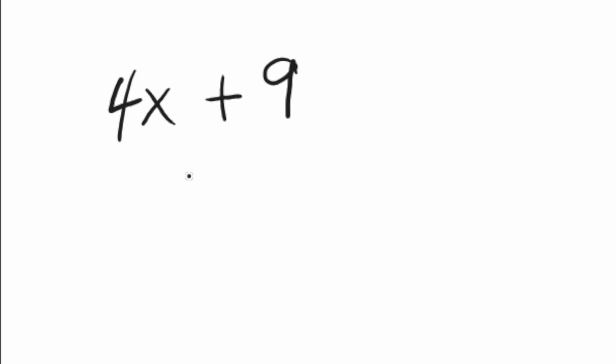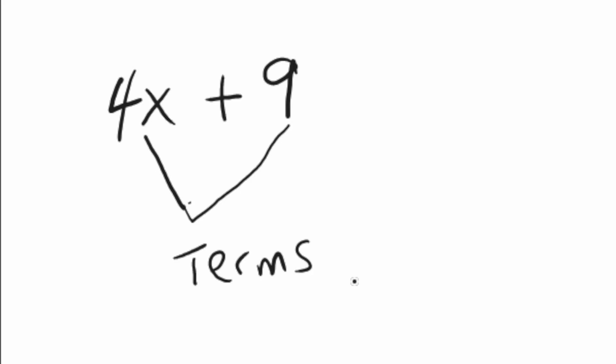So if you look at this, 4x and 9 are terms, because 4x is a number and then a letter, which is a constant and then a variable. And then 9 is just a number, which is a constant. And they are being separated by addition.